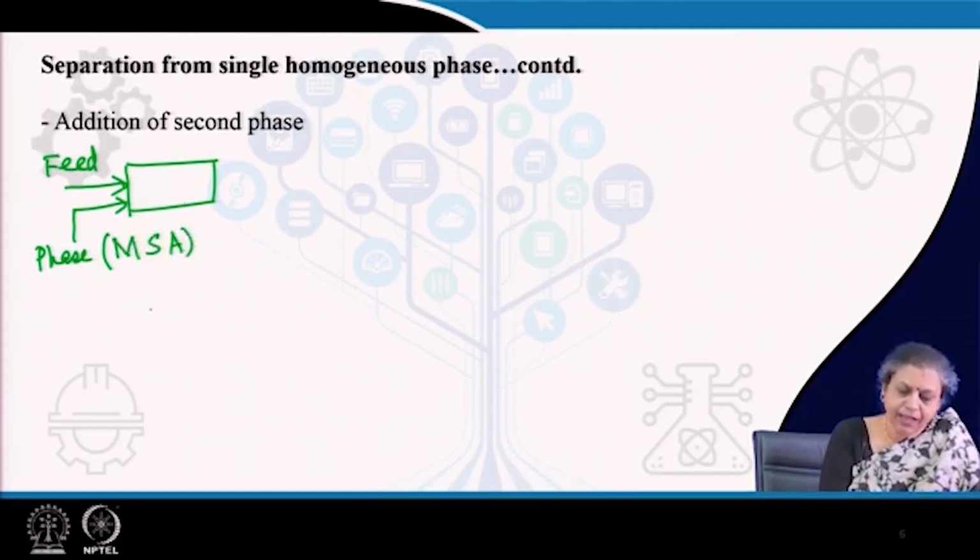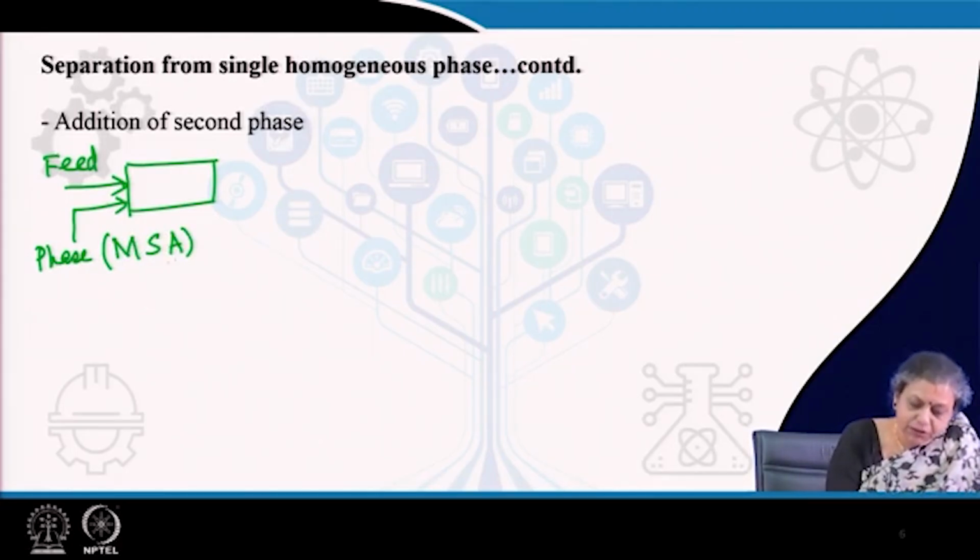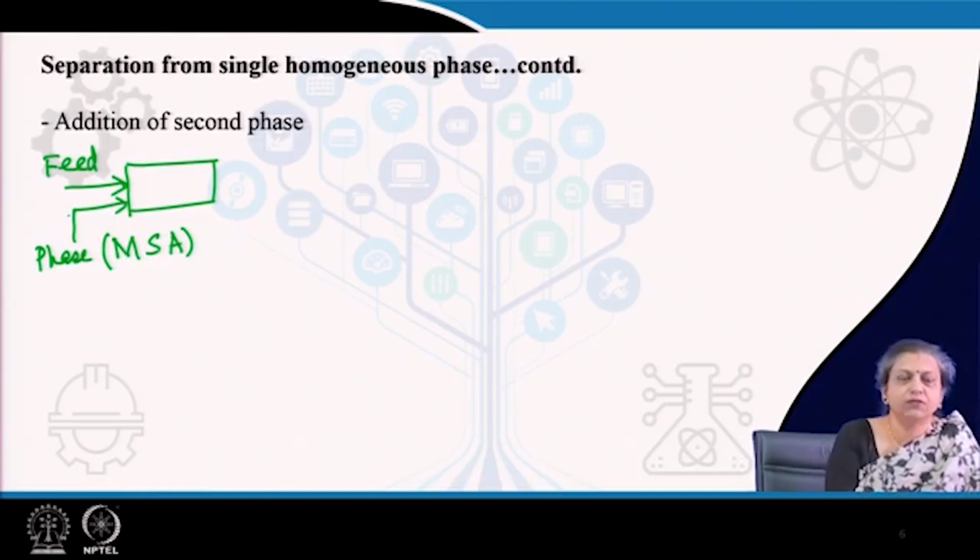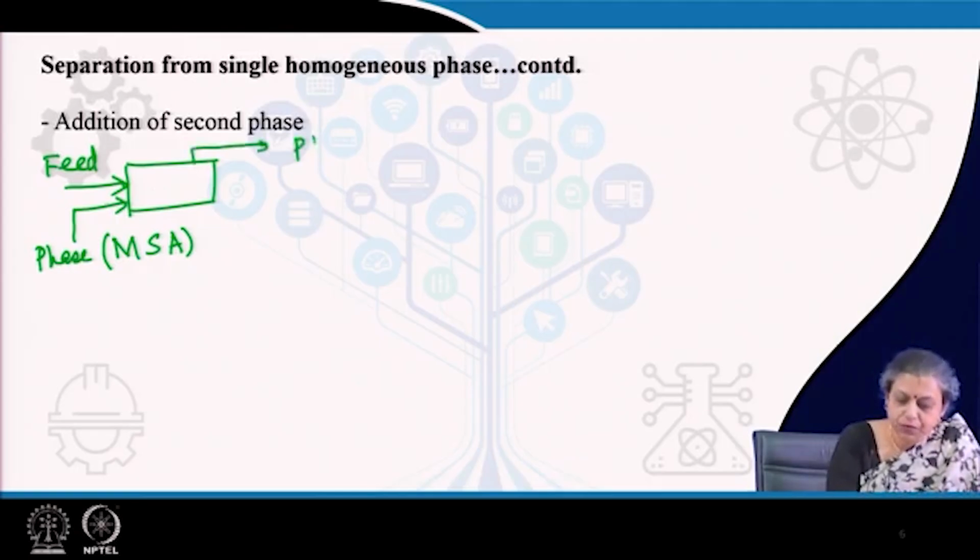We add it, and then what happens? This mass separating agent will definitely have more affinity towards some components of the feed as compared to the other components. So, naturally the feed and the mass separating agent are both introduced here, and they are allowed to be in intimate contact such that mass transfer occurs between them, and then finally the two phases are separated out.